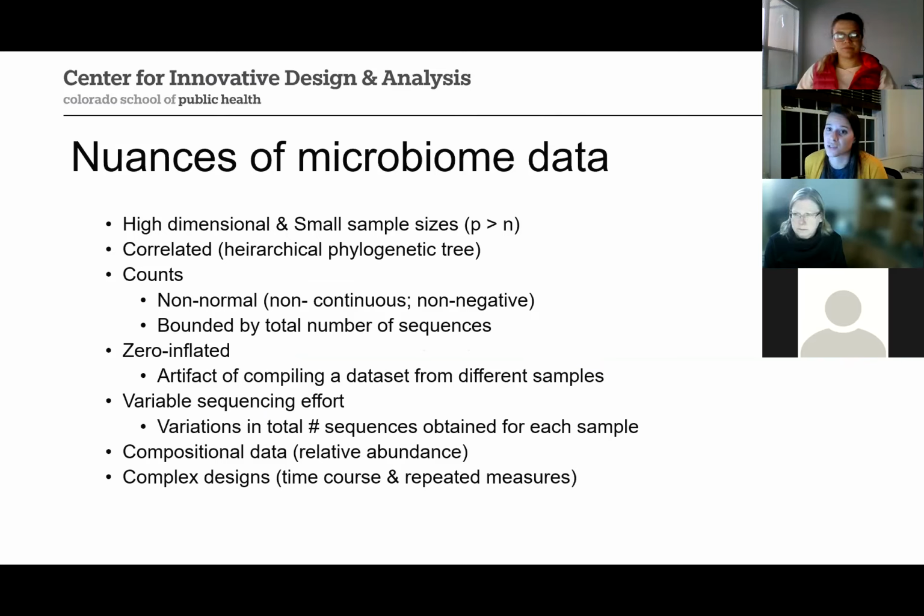They're also compositional because they're bounded by the sequences. So if you have 30,000 sequences that you pulled off of your sample, then the counts for each taxon lie within that 30,000. It all adds up. Other things to think about are complex designs, because you can get longitudinal studies of microbiome data and repeated measures, and you have to account for that as well.